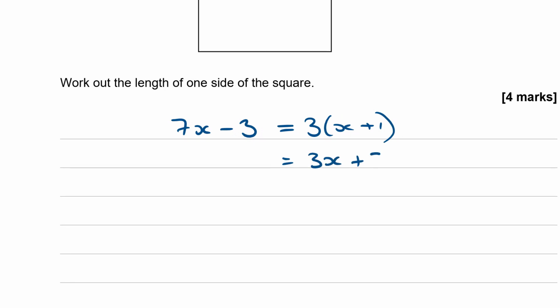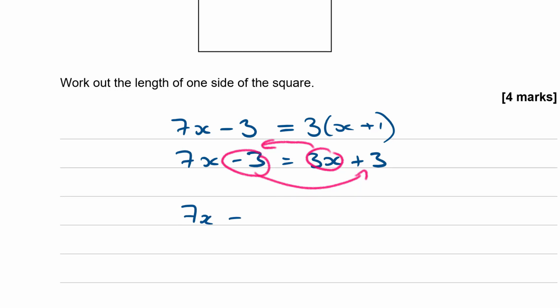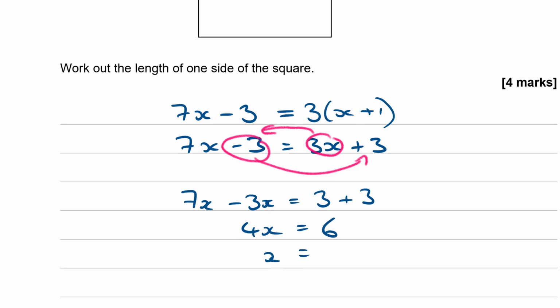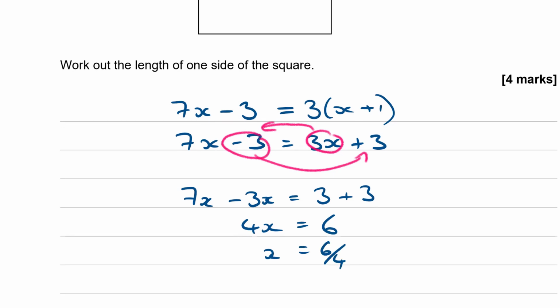So that gives me 3x plus 3 over there. Then let's collect all the x terms on one side and the number terms on the other, which will give me 7x minus 3x is equal to 3 plus 3. 7x minus 3x is 4x. 3 plus 3 is 6. Giving me x is 6 over 4, which is the same thing as 3 over 2.